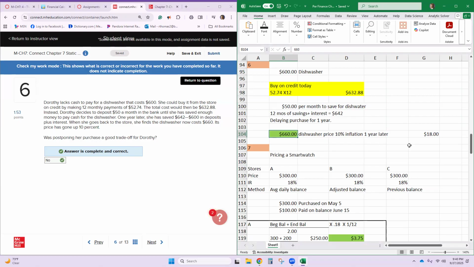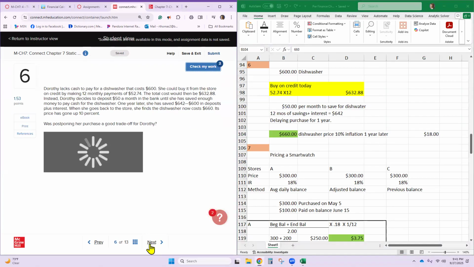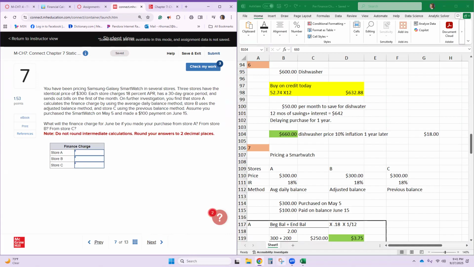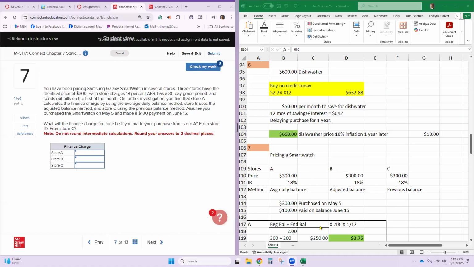Okay, but you can't always know what's going to happen, right? You can only go with what your gut says. Okay. I am going to pause. Okay, we're ready for number 7 now.